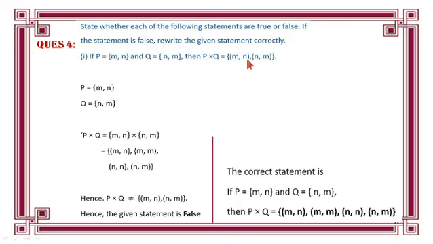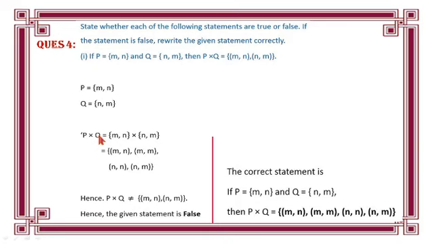So students, without even calculating, you will get to know that this is a false statement, because now we know the formula for how many elements will be there in the Cartesian product: it is equal to the product of the number of elements of the particular sets. How many elements are here? 2. How many elements are here? 2. So 2 into 2, 4 elements should be there in P cross Q. But here we have 2 elements. So definitely this statement is false.